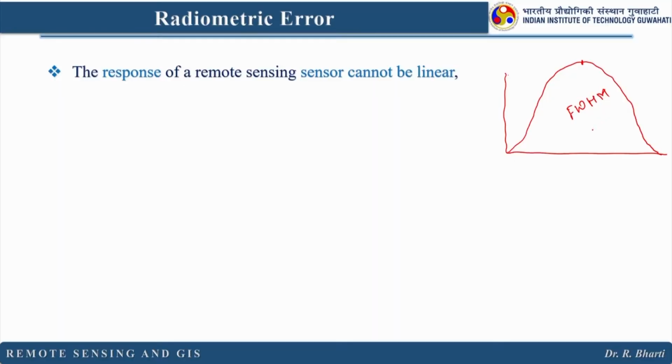But actually the sensitivity of the detector is something like this, where it is not linear. This is the starting lambda, and this is the ending lambda. So, it means that the response of the detector is not linear.